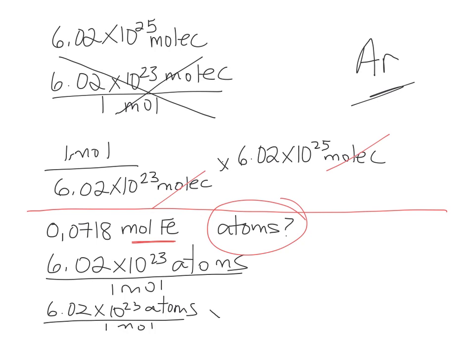When you set up dimensional analysis, you're only multiplying each thing when you set it up, times 0.0718 mol. So when you type it in your calculator, you're going to have 6.02 times 10 to the 23rd times 0.0718.